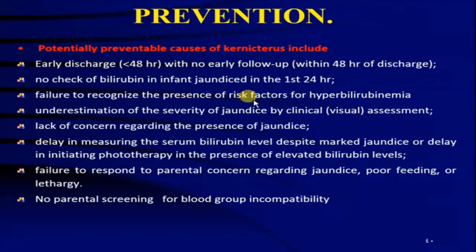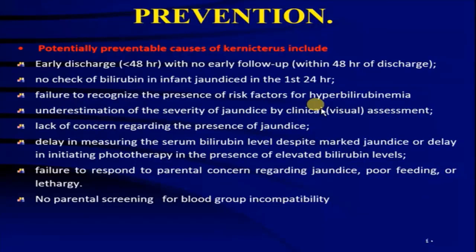Failure to recognize the presence of risk factors for hyperbilirubinemia. Underestimation of the severity of jaundice by clinical visual assessment; you should always depend on lab assessment. Lack of concern regarding the presence of jaundice.